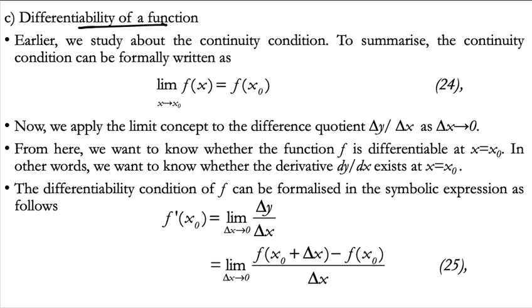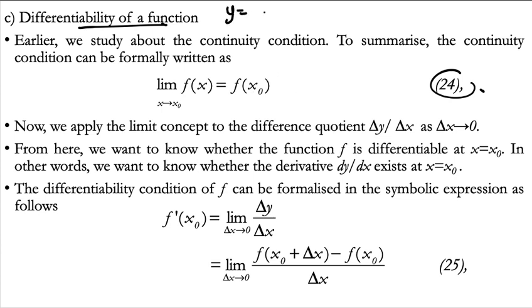Basically, if I summarize it in the form of a formal expression, it can be summarized in equation 24. If you look at 24 here, the limit of a function of x as x approaches a certain value, let's call that value x naught, is actually the function of x naught itself.